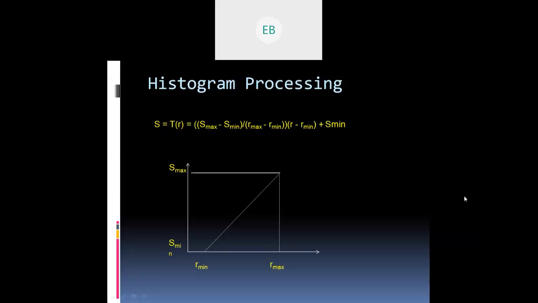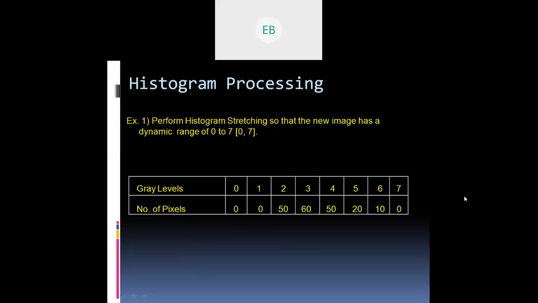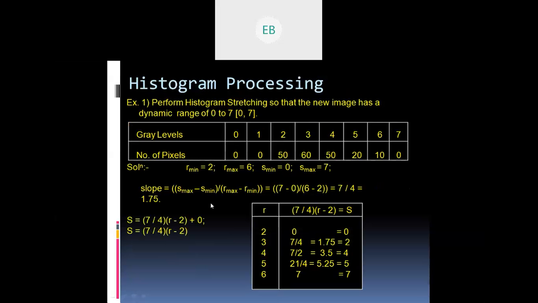Have you taken down this equation? Yes, ma'am. Okay, now you equate this. The slope we already know, so now use this equation. So 7 by 4, that is S max minus S min by R max minus R min, into R minus 2.